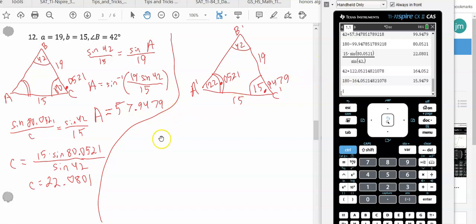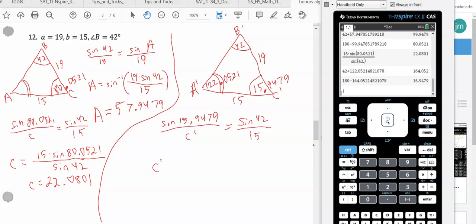And then we just have to figure out the missing side, little c prime. There we go. So sine of 42. You could have chosen another angle. This one just seems easy to write.